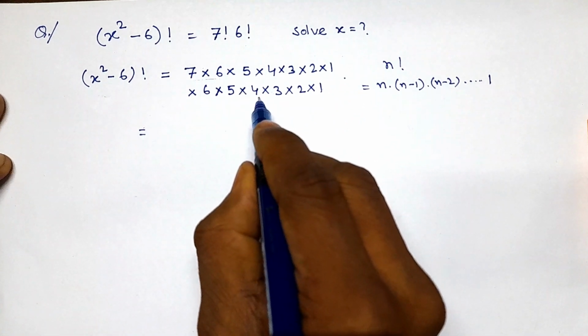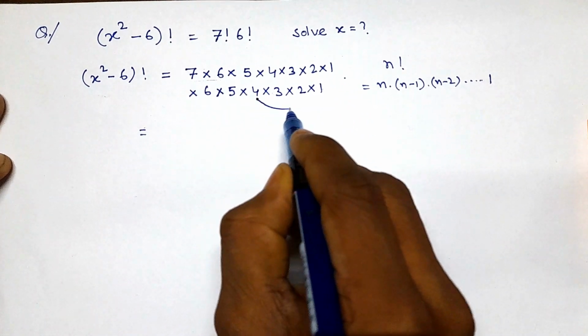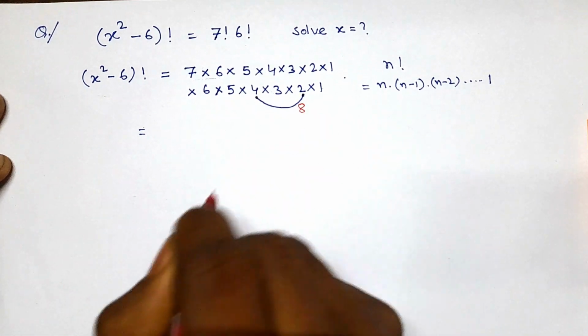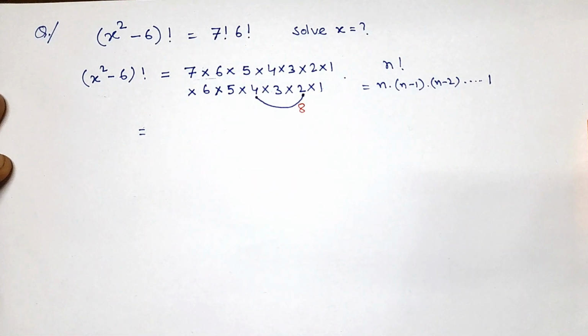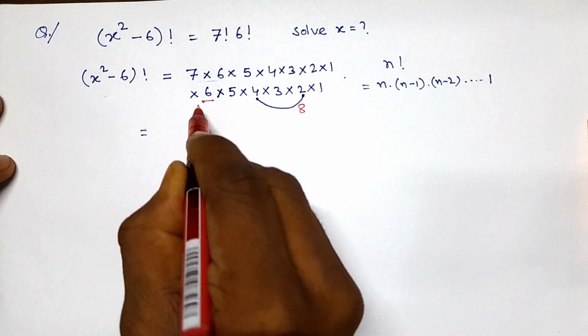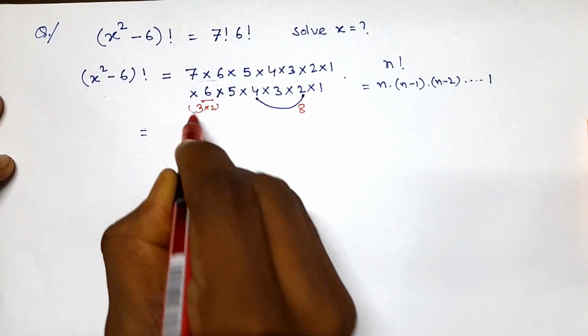But we can multiply this 4 and this 2 to get 8. Also, we can break this 6 into 3 × 2.